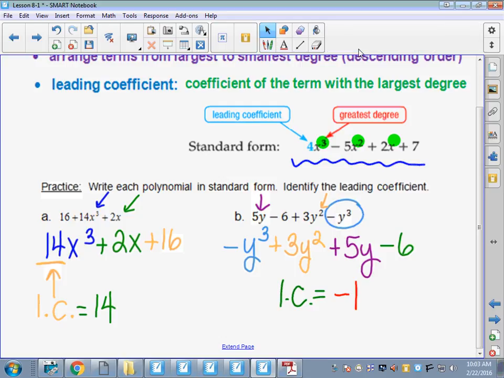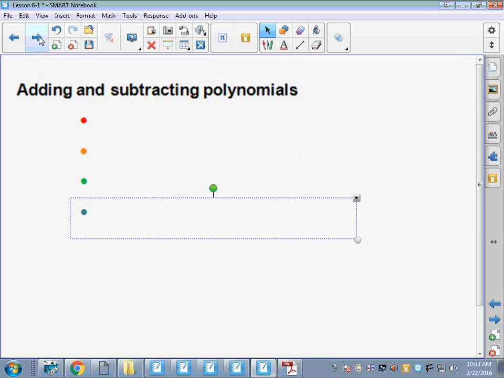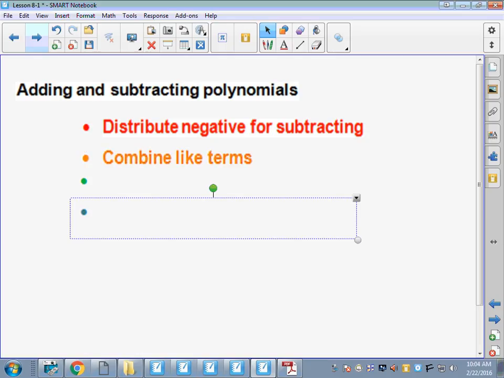So lots of terminology to get out of the way. Now that we've done that, we can talk about what the section title is, which is adding and subtracting polynomials. First of all, if you've got a minus in between your parentheses, distribute it. Just take care of it totally. That way you don't have to worry about the sign. Combine like terms.